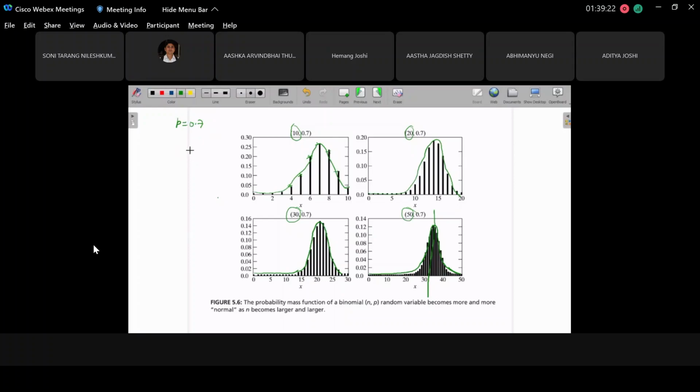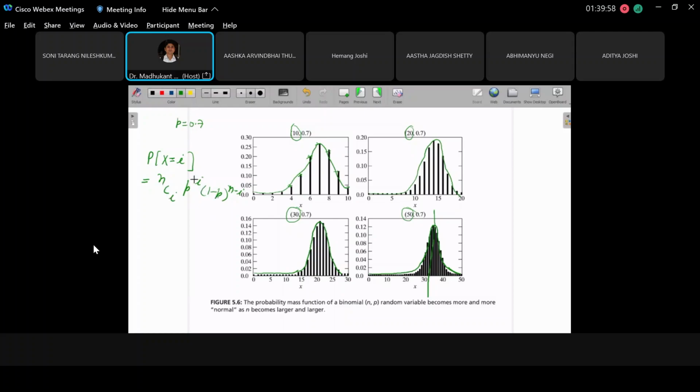If you recall the binomial random variable, what is the probability mass function? Probability of x equals i is equal to nCi times p to the power i times 1 minus p to the power n minus i. Here p is 0.7 and 1 minus p is 0.3.